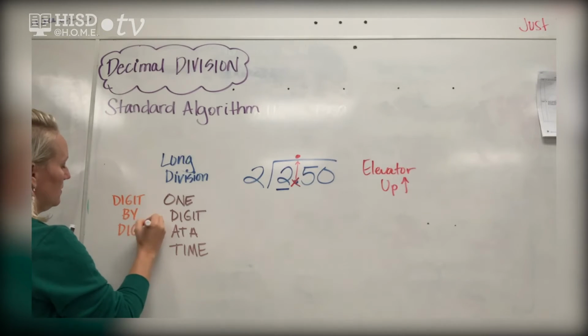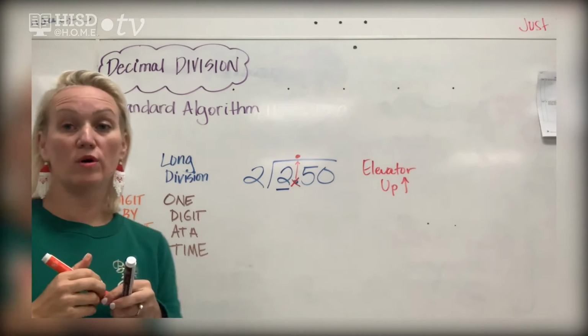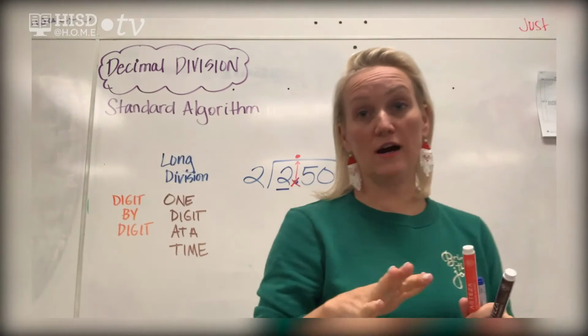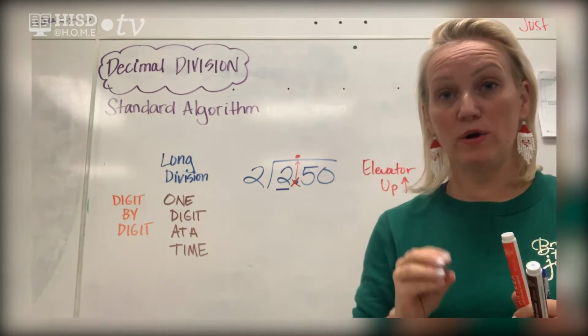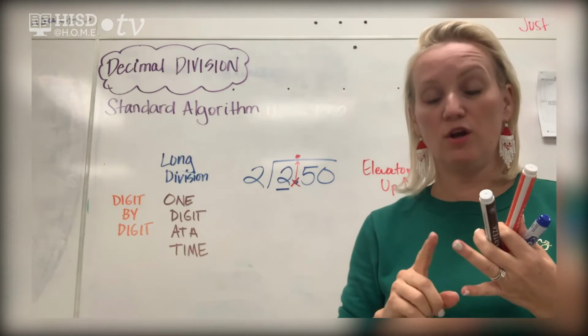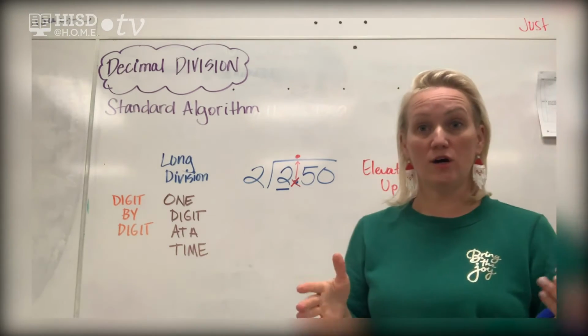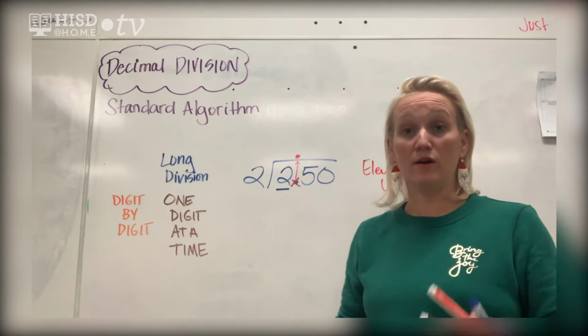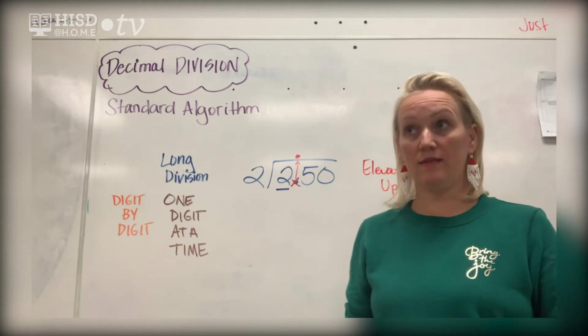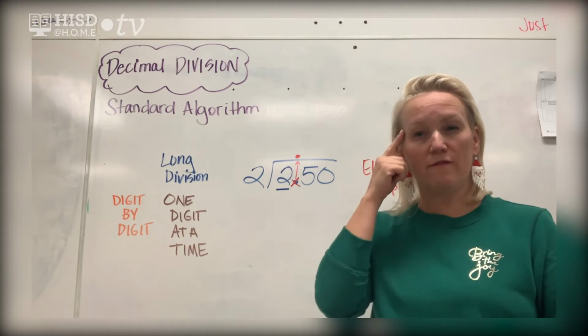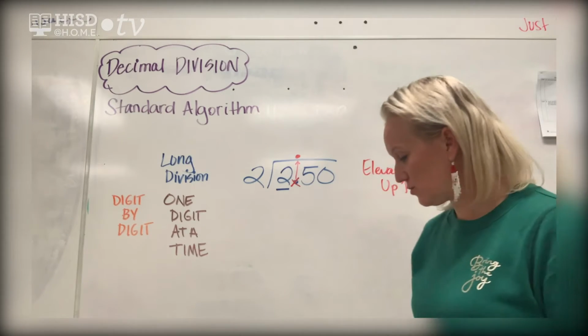Digit by digit. There is nothing more important than taking your time in math, going slow and steady, digit by digit, one step at a time. When we rush things in math, we get lost, we get scared, we get nervous, we forget what we're doing, we can't visualize what a reasonable answer would be.